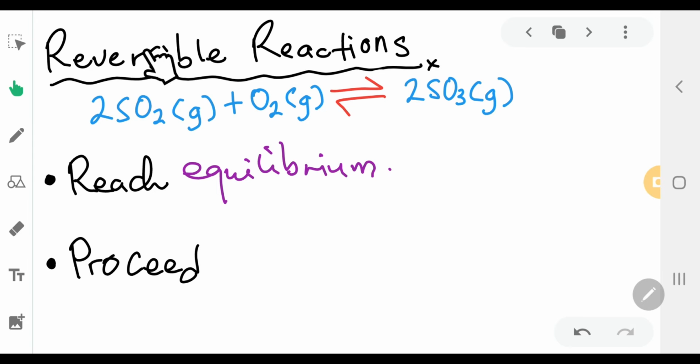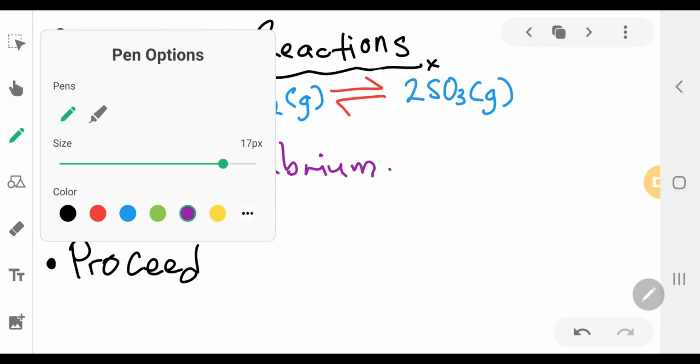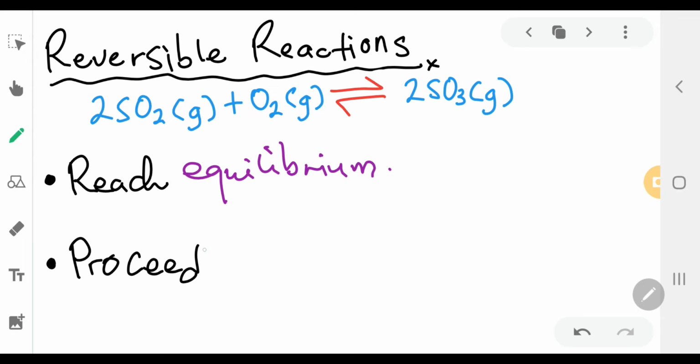So reversible reactions will proceed forward and also reverse.